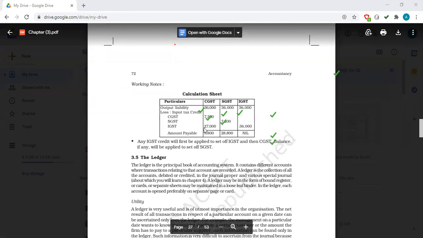Then what is this IGST? 63,000 was in the beginning, minus 36,000, that gives you 27,000. So your CGST 36,000 minus 7,200 minus 27,000. Is it clear? So this is your 27,000.